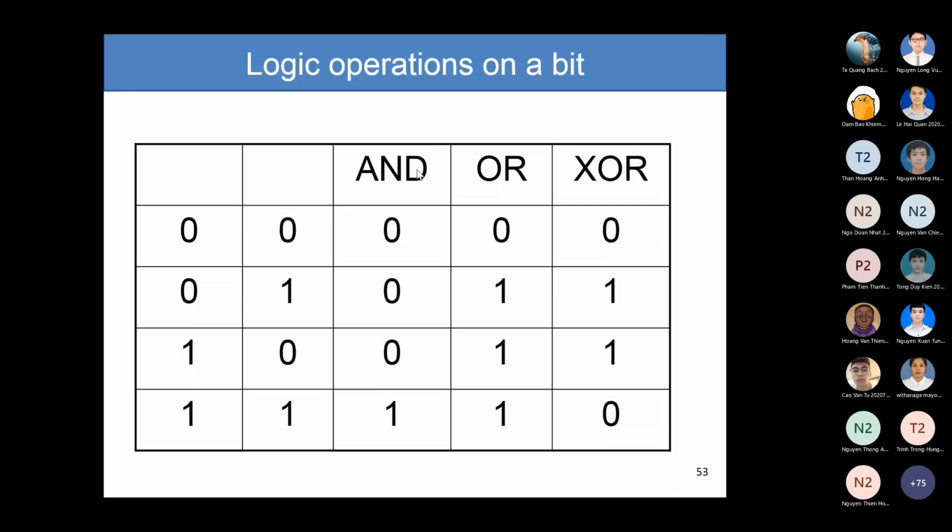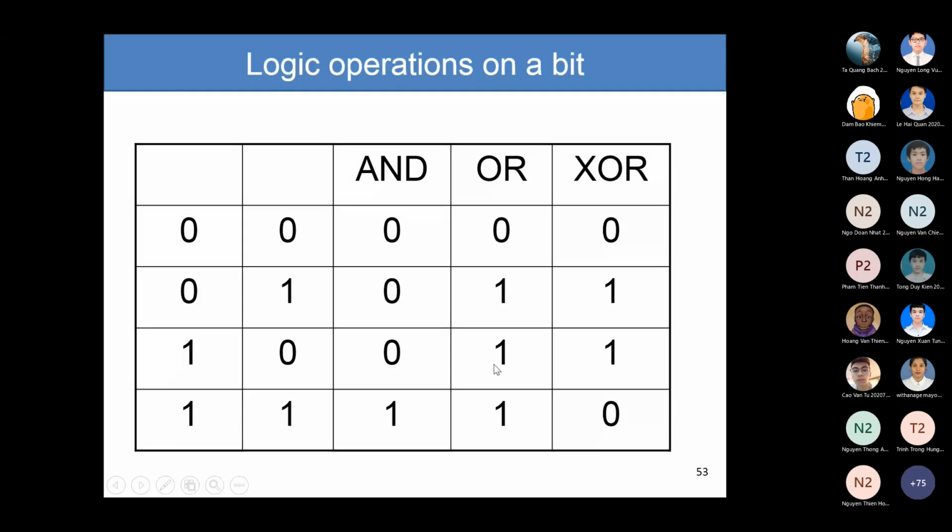Okay, so for the AND function, AND of 0 and 0 equals 0, AND of 0 and 1 equals 0, AND of 1 and 0 equals 0, and only AND of 1 and 1 equals 1. The OR function is different: OR of 0 and 0 equals 0, OR of 0 and 1 equals 1, 1 and 0 equals 1, and also 1 and 1 equals 1.